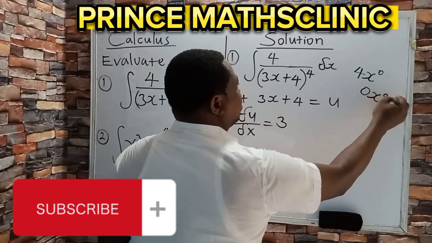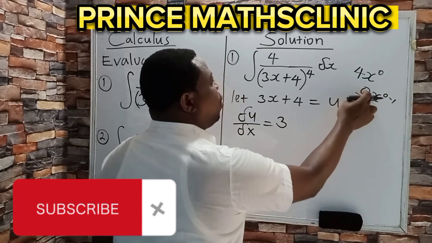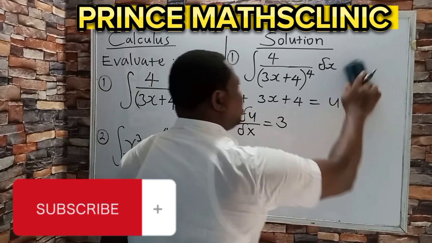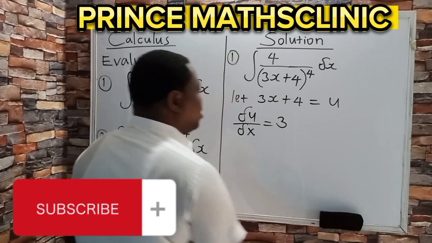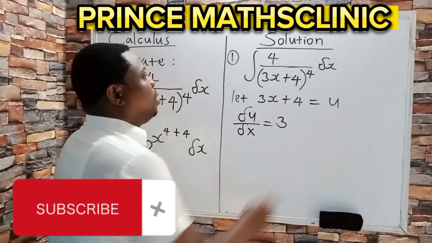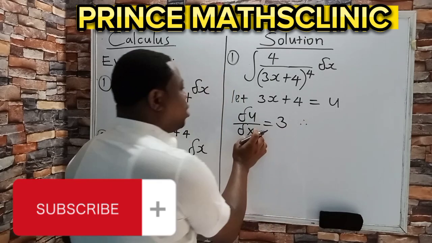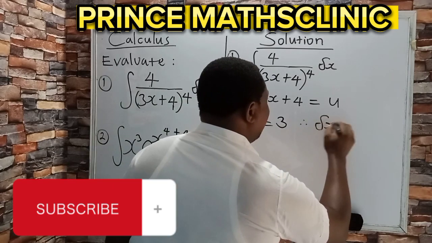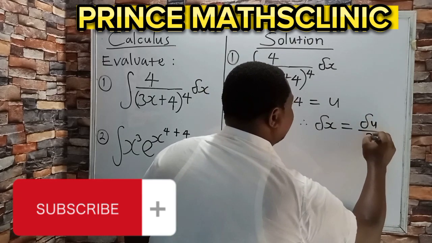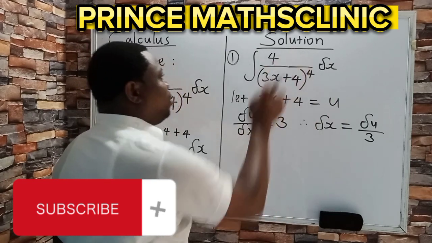Irrespective of whatever the power is, as long as it's multiplying 0, it becomes 0. That is why when you differentiate a constant, you get 0. Remember, we want to substitute, so I want to find what dx will look like. If I make dx the subject of the formula, my dx will be du over 3.